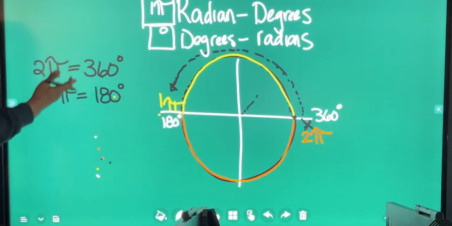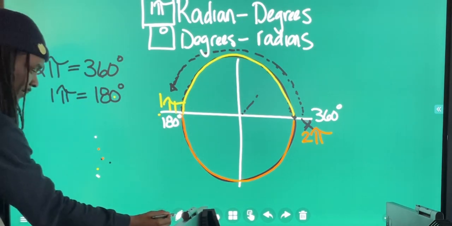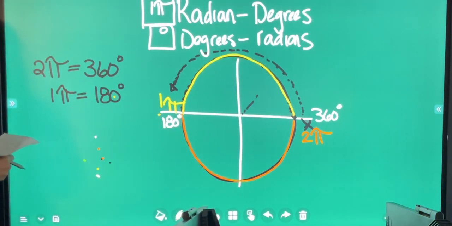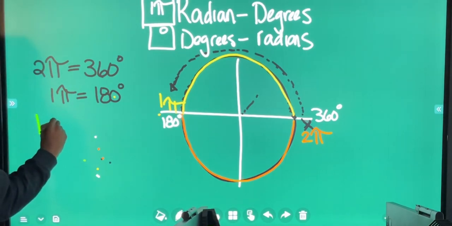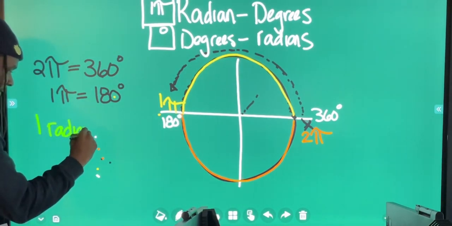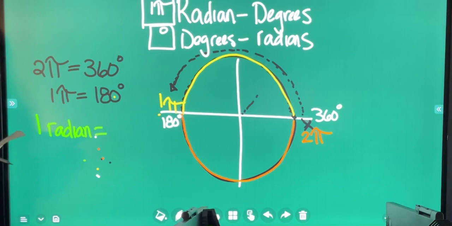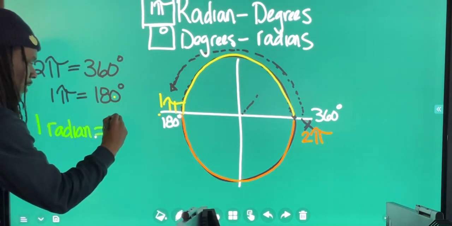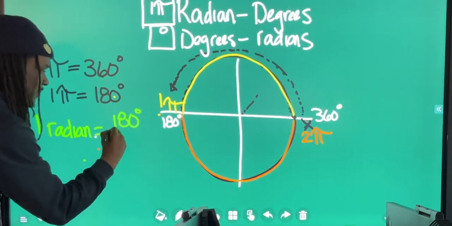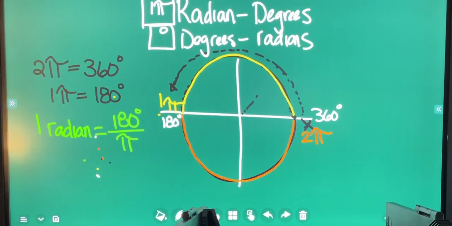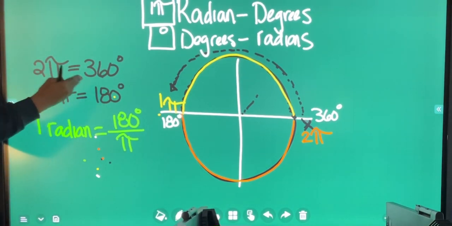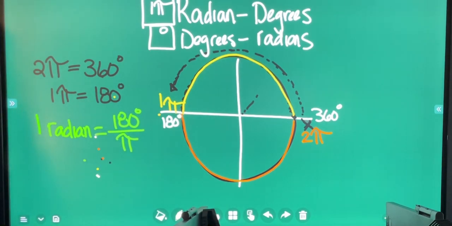So, using this here, it's safe to say that 1 radian equals 180 degrees over pi. You're going to use this in a minute. Those are like the metrics: 2 pi equals 360 and 1 pi equals 180.